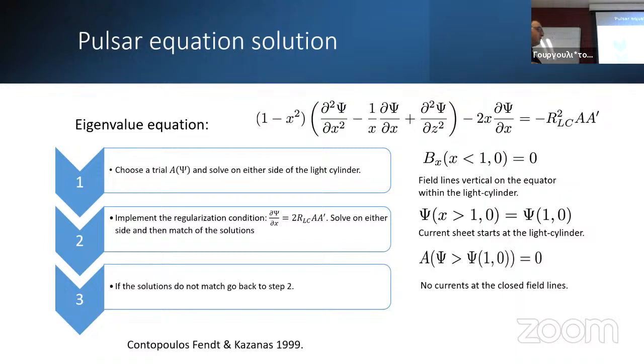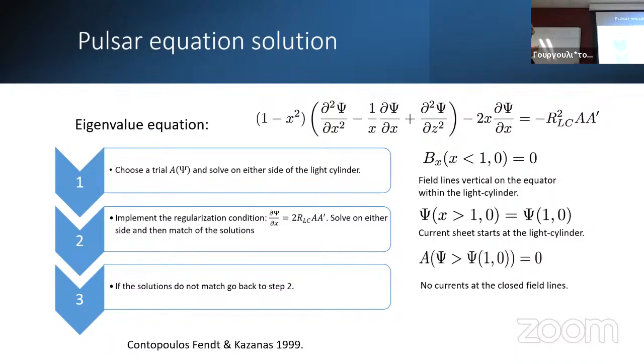How one can do this numerically, in principle, is that we can choose a trial function, A of psi, and solve on either side of the light cylinder. Then on the light cylinder, this x should be 1, so all this term will disappear, and we have this regularization condition in this spot here. We solve on either side and try to match the solutions.